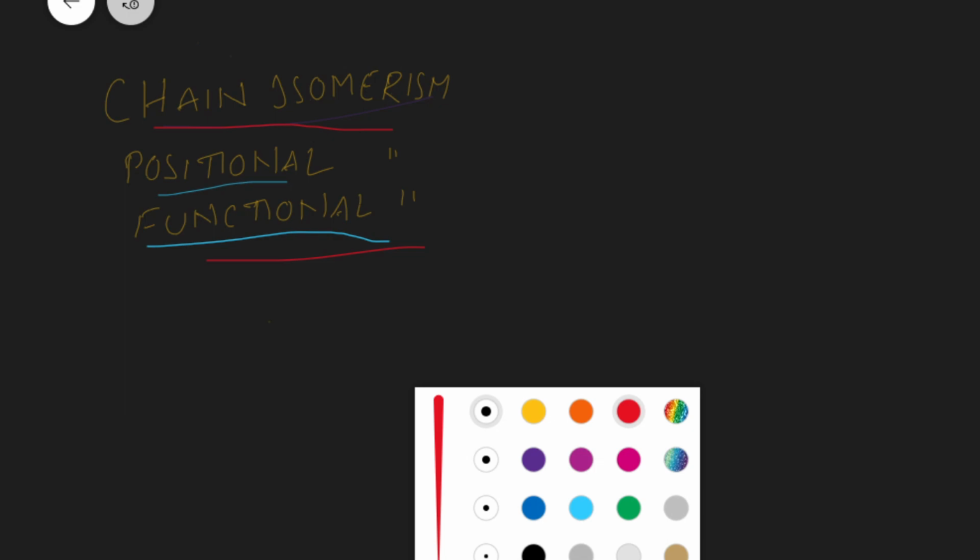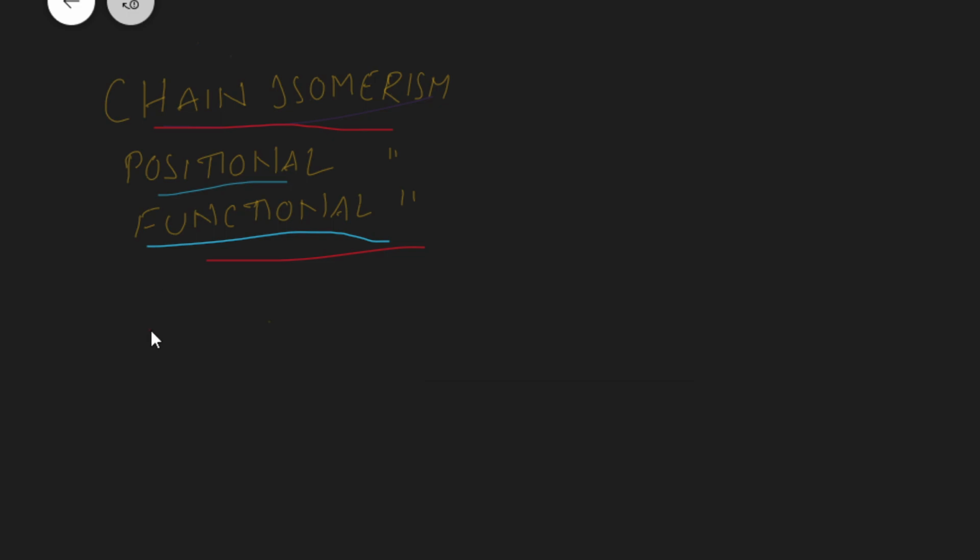And just to put up an example, I will make an example here. We'll take pentane, whose molecular formula you can write as C5H12. This I can write as 1, 2, 3, 4 and 5 carbons.